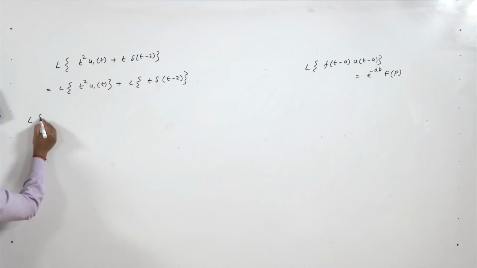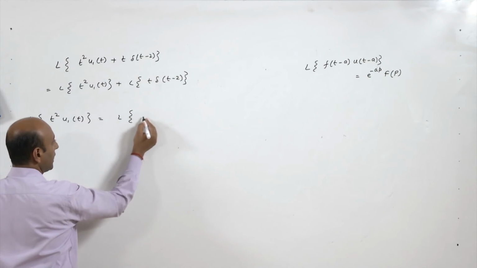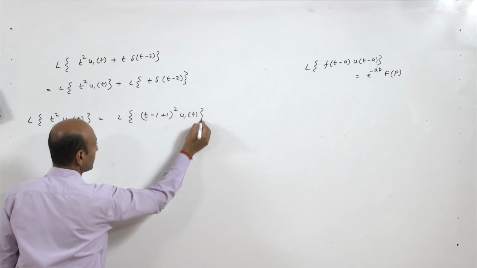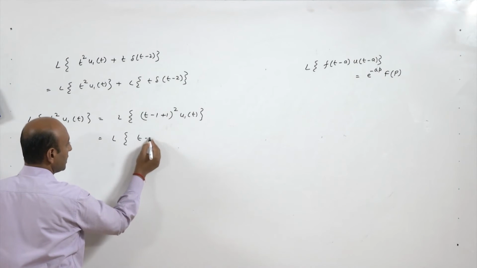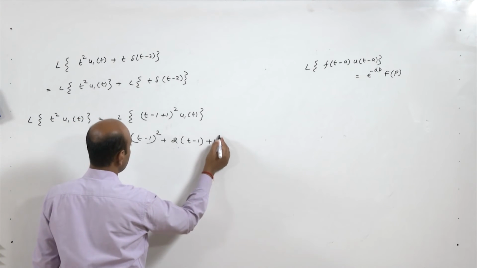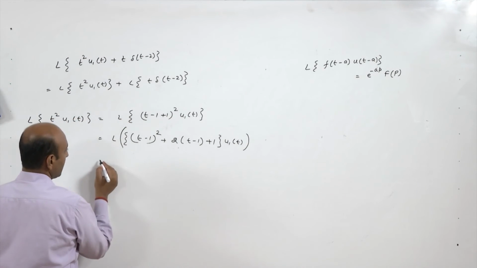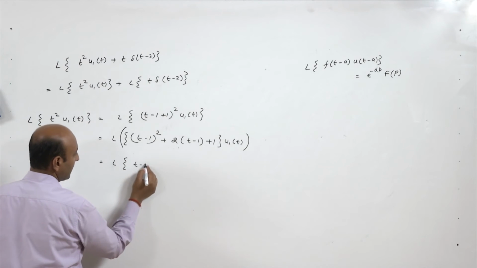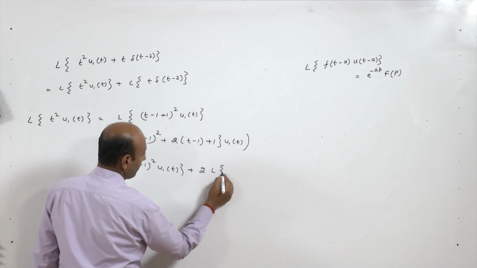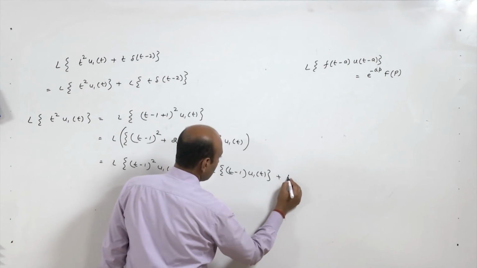So, for the Laplace of t square into u1(t), I can write it like this: Laplace of (t minus 1 plus 1) whole square u1(t). This is nothing but, using a square plus 2ab plus b square, the Laplace of (t minus 1) whole square u1(t) plus 2 times the Laplace of (t minus 1) u1(t) plus the Laplace of u1(t).